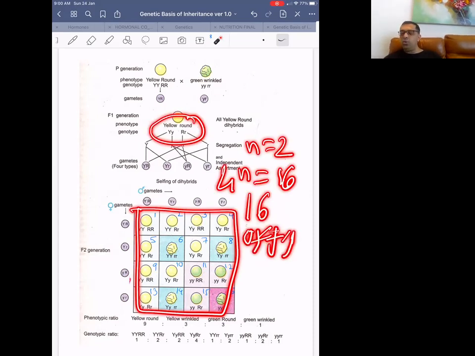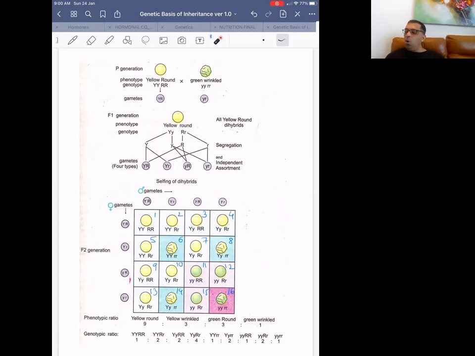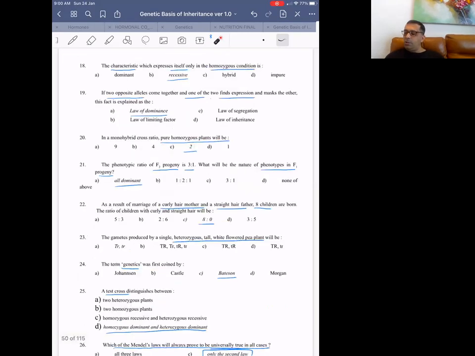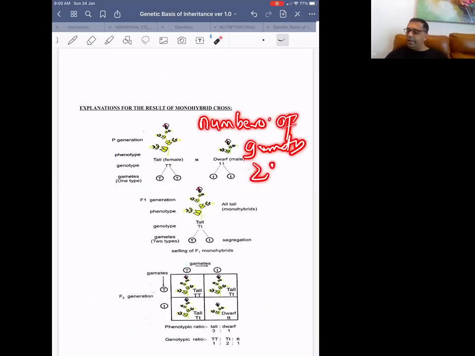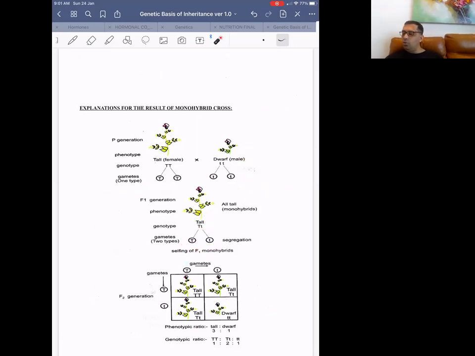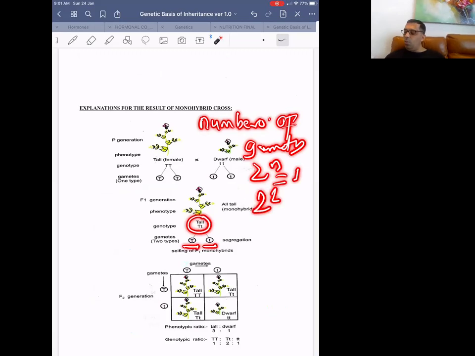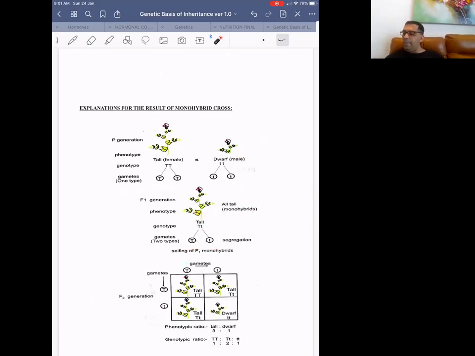Let's see the same rule in a monohybrid cross. In a monohybrid cross, the same rule applies. Number of gametes is 2 raised to n.